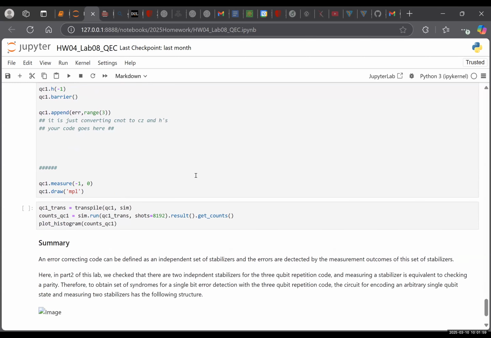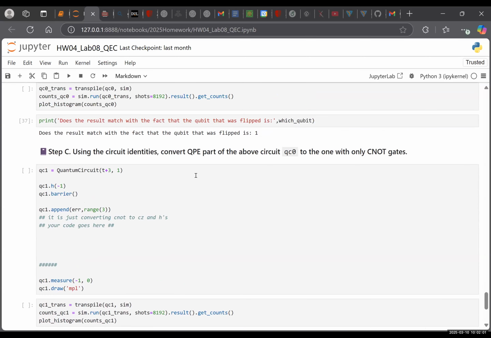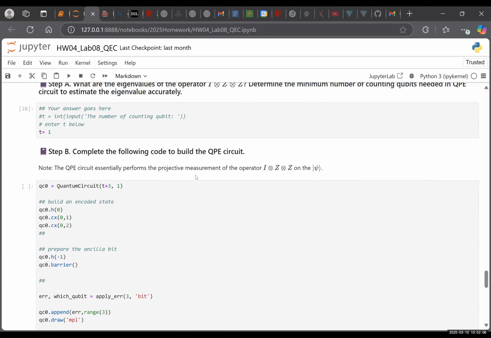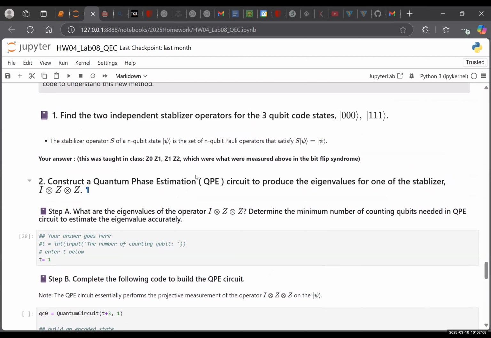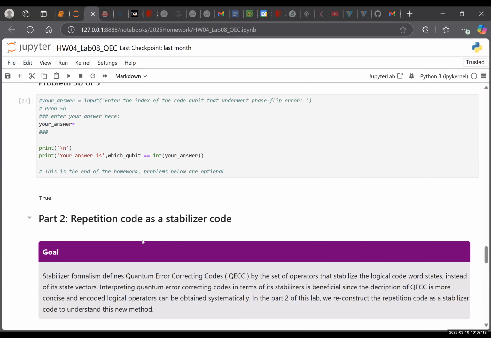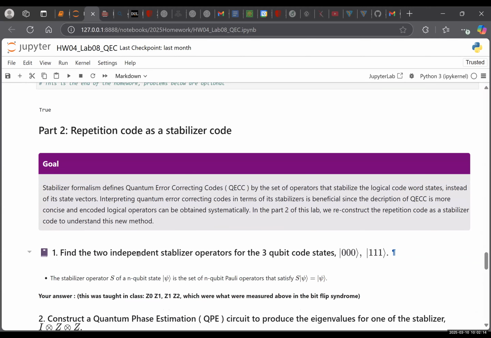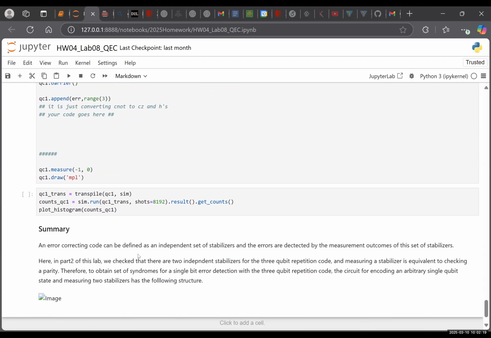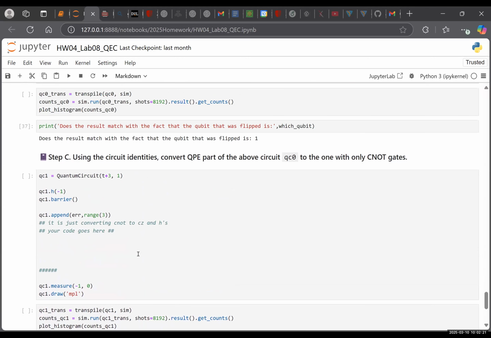Yeah, so there's one homework. This may not be a required part. Yeah, you already finished it, and if you had worked on this, you can practice the stabilizer code. Yeah, I will post the solution later.